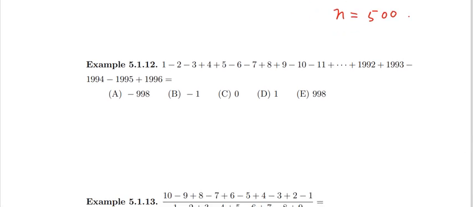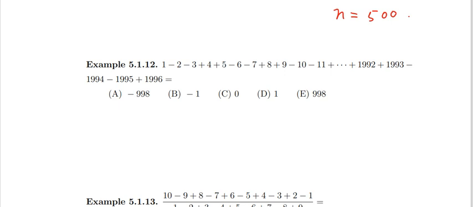Let's say, so for this one, we just check 1 minus 2 minus 3 plus 4 plus 5 minus 6. No, oh, what's the rule for this sequence? 1 minus 2 minus, okay, let's see.